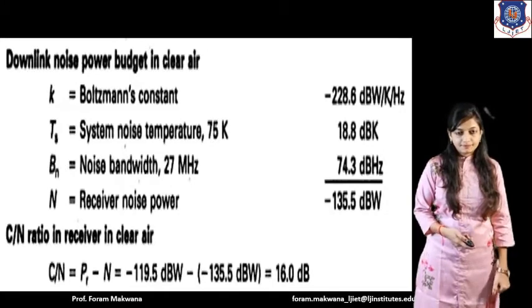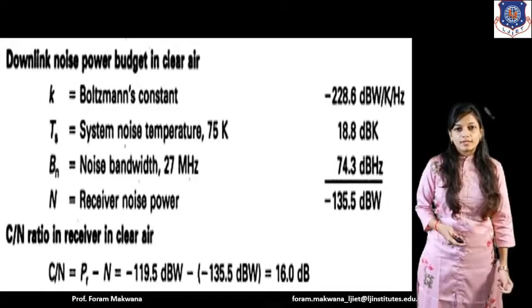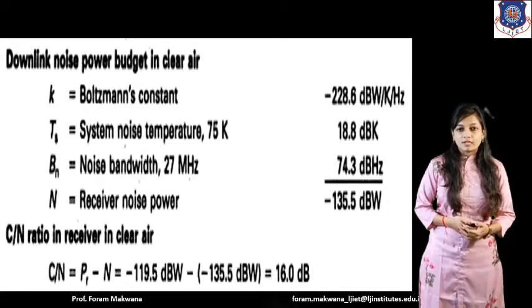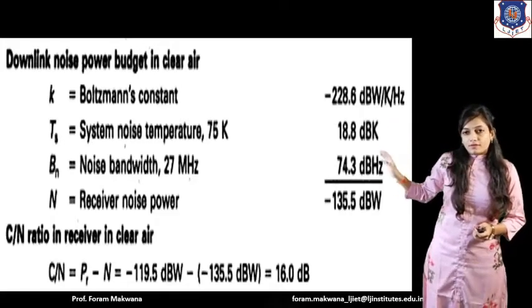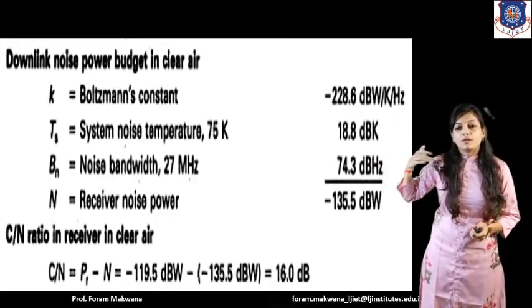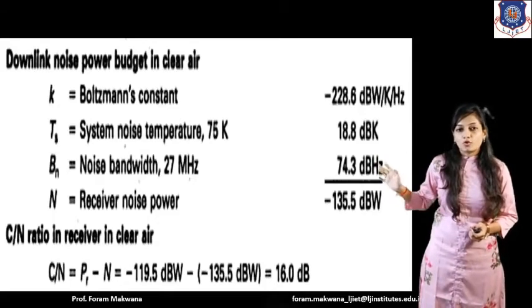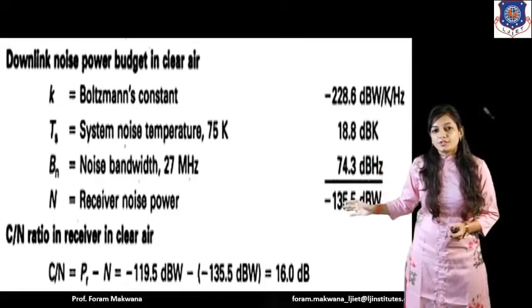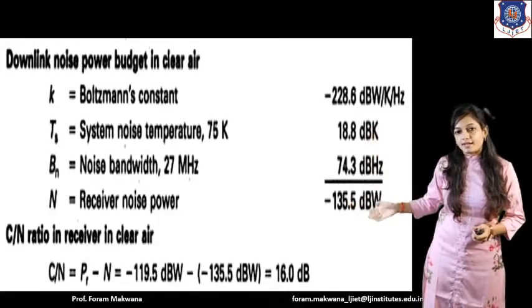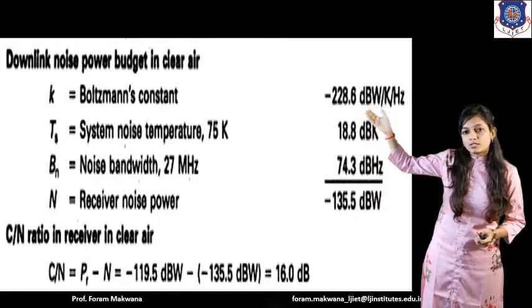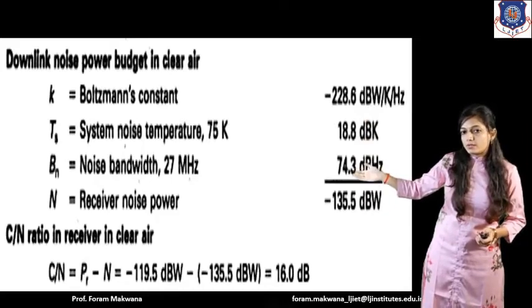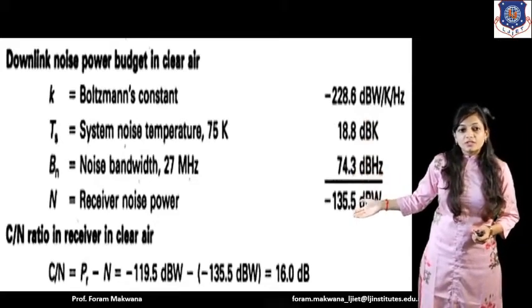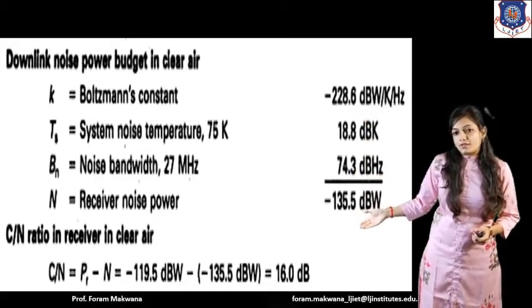Right? Now, how to calculate the downlink noise power budget in clear air. As we have calculated the carrier power, that is the received power, now we are focusing on the noise power. For noise power, the equation is k T B_N. k is the Boltzmann constant, T is the system noise temperature, which is already given. B_N is the noise bandwidth, and this gives the receiver noise power.